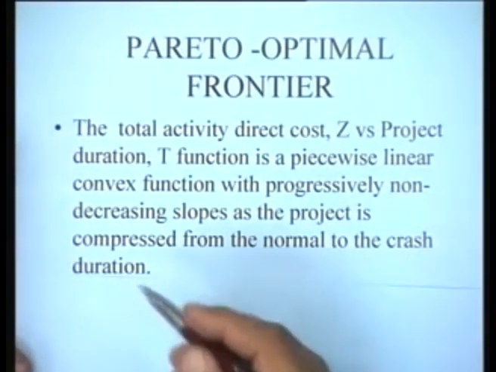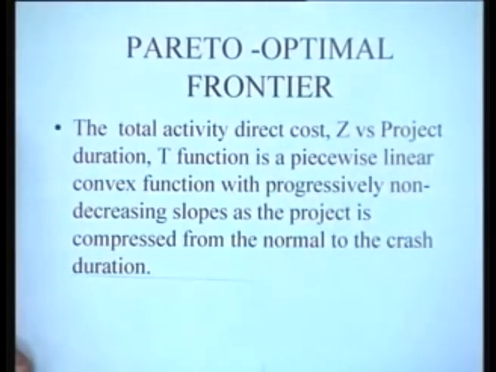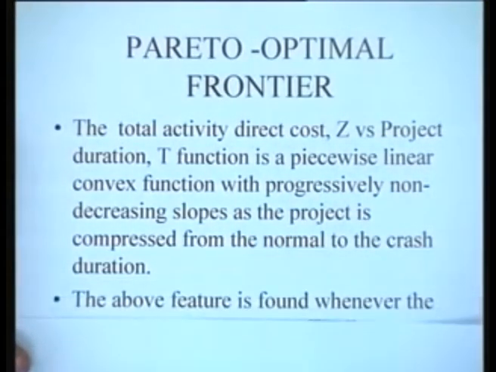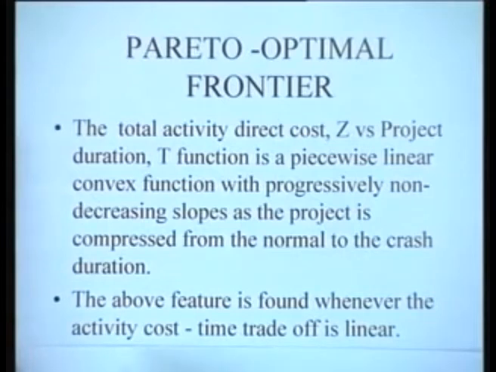This is a feature of all the ZT curves with linear costs, and the above feature is found whenever the activity cost time trade-off is linear. So whenever the time cost trade-off function is linear, the ZT function is in fact piecewise linear with progressively increasing cost slope.